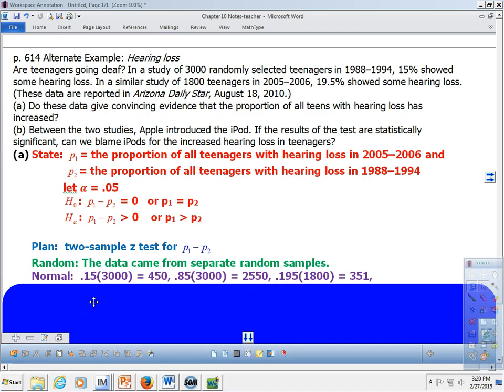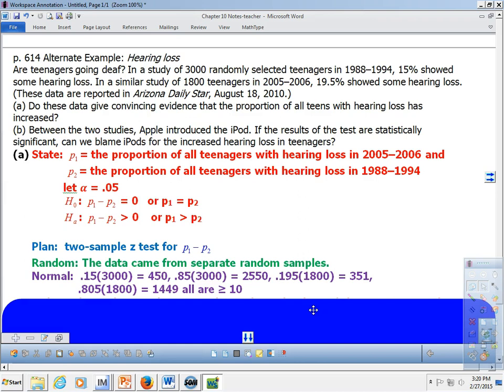So in the 1988-1994 sample, 15% showed some hearing loss, so we're going to take 0.15 times 3,000 and 0.85 times 3,000 and find that both of those numbers of successes and failures are bigger than 10. Same thing with the 2005-6 sample, where the 0.195 times 1,800 and the 0.805 times 1,800 are both bigger than 10.